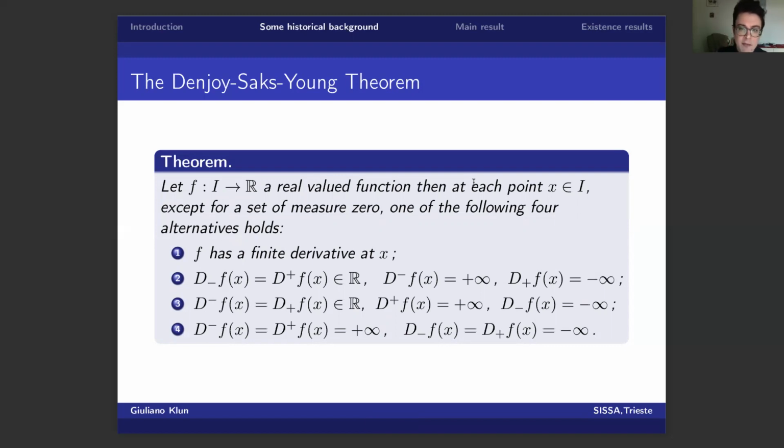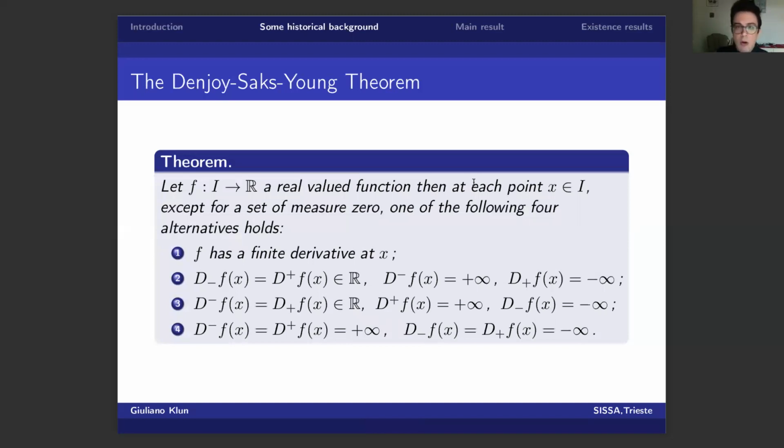Either f has a finite derivative at that point, or the two opposite derivatives, the lower left and the upper right, are real and equal, and the other two are respectively plus and minus infinity, or the opposite situation holds, namely the other two derivatives are real and equal, and the first ones, namely the upper right and the lower left, are respectively plus and minus infinity, or all the four derivatives are infinite and the upper ones are plus infinity and the lower ones are minus infinity.